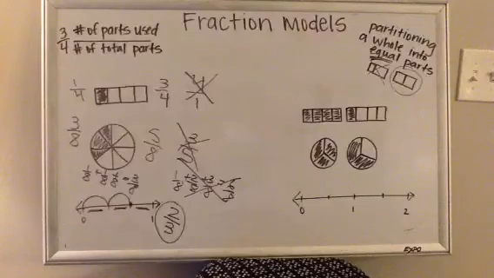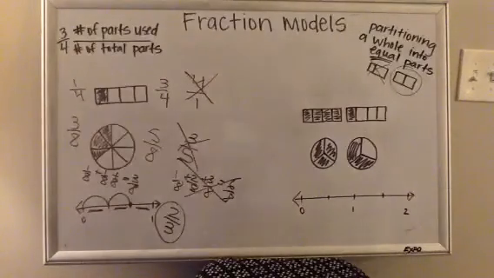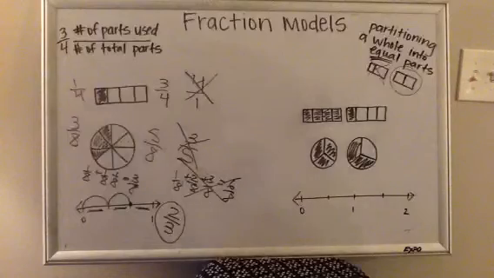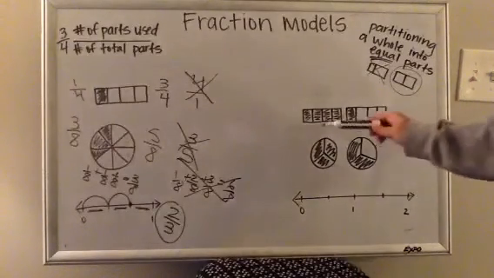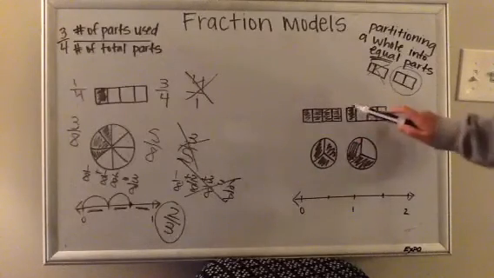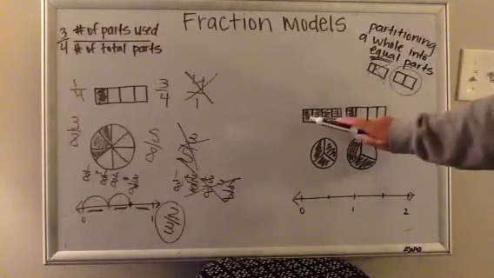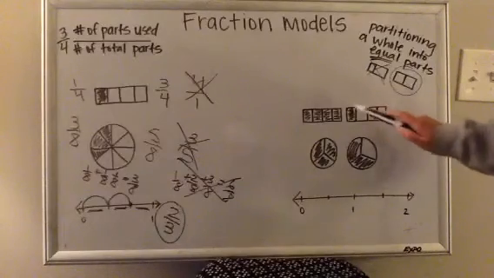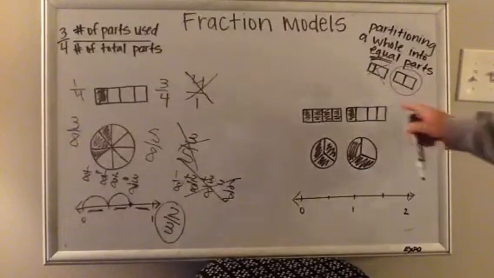Now, I want to come over here and remind you of one other type of model that we used rectangles, circles, and number lines for. These are showing fractions that are greater than 1. So here I have, this is partitioned into fourths, and this is into fourths. Do you see that? 1, 2, 3, 4. 1, 2, 3, 4. Since they're different sections, we don't add them together to say 8.